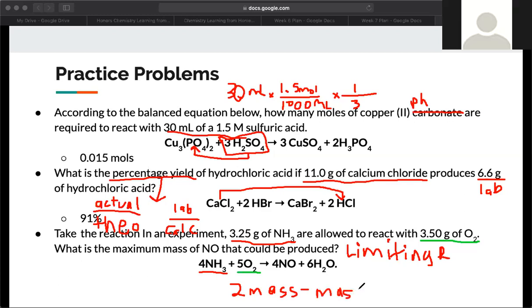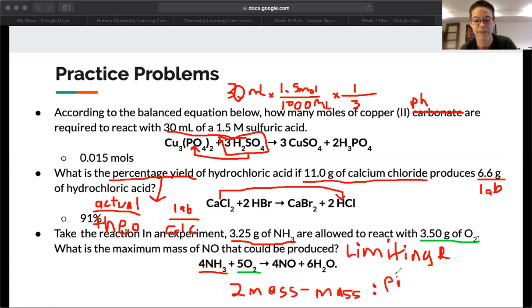Whichever one puts out the least product. Yes, you'll set up 2 mass problems and then pick the smallest number. That is correct. So pick your smallest. Okay. All right, so that's how you would do a limiting reactant problem.